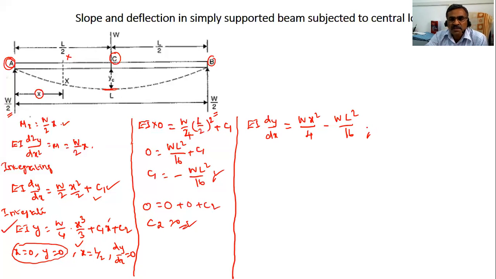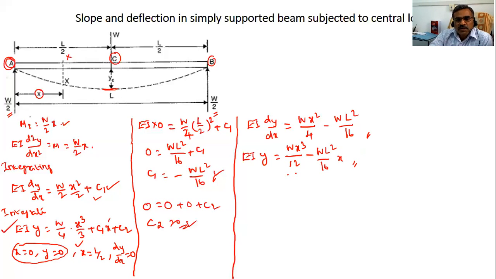Similarly, the deflection equation is EI into y is equal to W by 4 into x cube by 3, so 4 into 3, 12, W x cube divided by 12, plus C1, which is minus W L square by 16 into x, and C2 is equal to 0. So these are the two equations. One is the slope equation, another is the deflection equation.